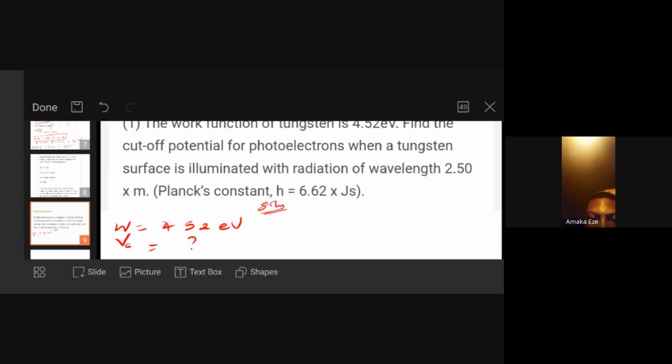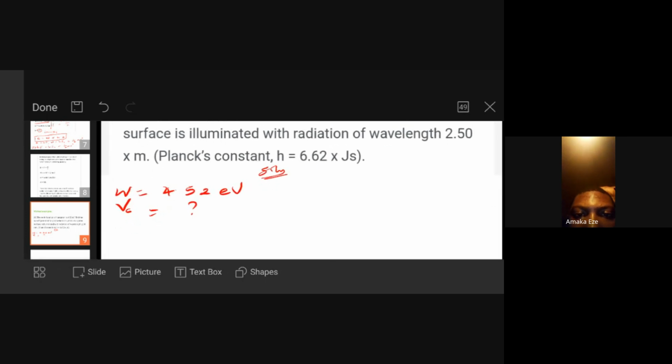Find the cutoff potential for photoelectrons when tungsten is illuminated with radiation of wavelength 2.50 times 10 to the 7. So this is our wavelength lambda, equal to 2.50 times 10 raised to power 7 meters.